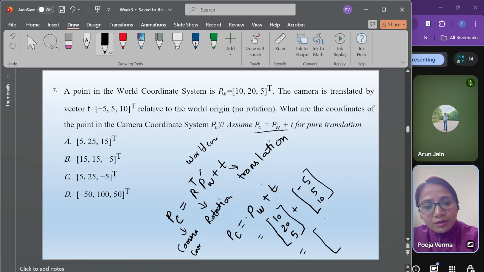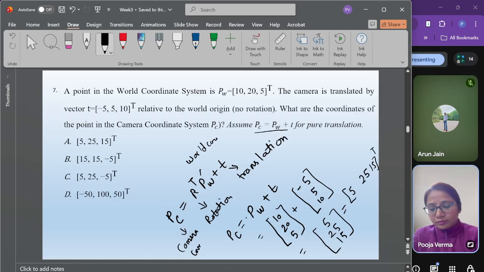So 5, 25 and 15, right? Or we can write it as 5, 25 and 15 transpose, right? So the coordinate of the point in the camera coordinate system is 5, 25 and 15 transpose. So which option is the correct one? Option A is the correct answer for this question.